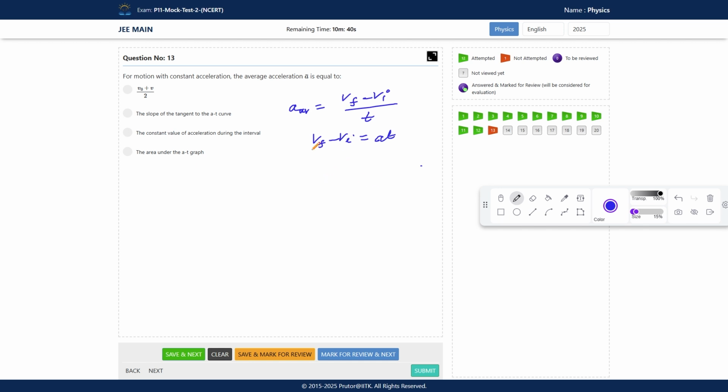So a average is equal to velocity final minus velocity initial divided by t, which is the acceleration. Solving this, t and t cancel out. So the remaining term is the constant value of acceleration. So average acceleration is equal to a.